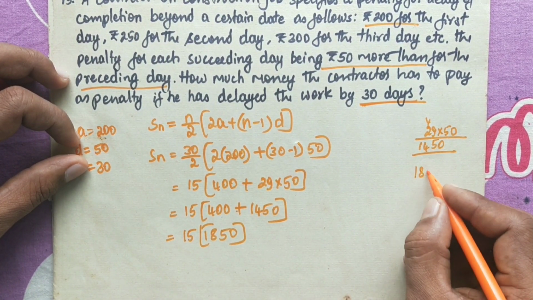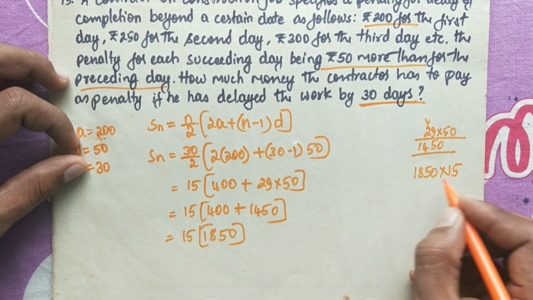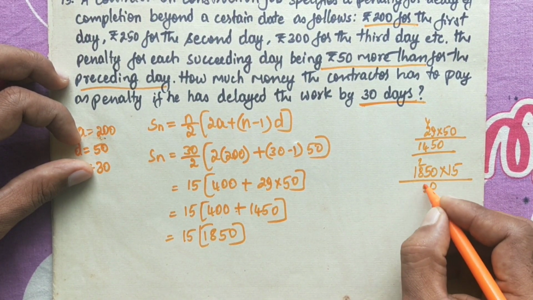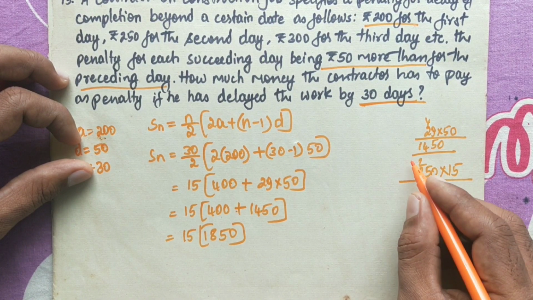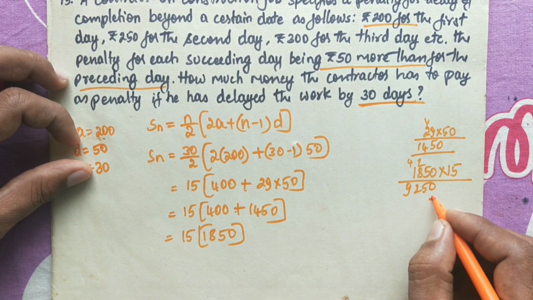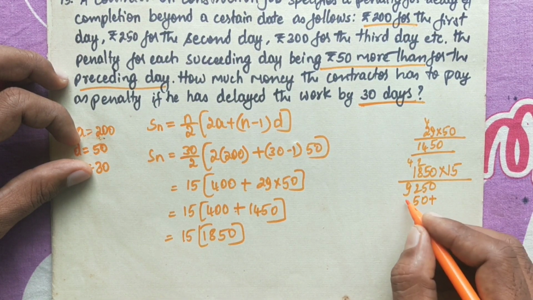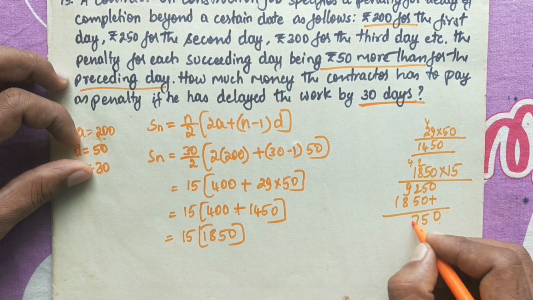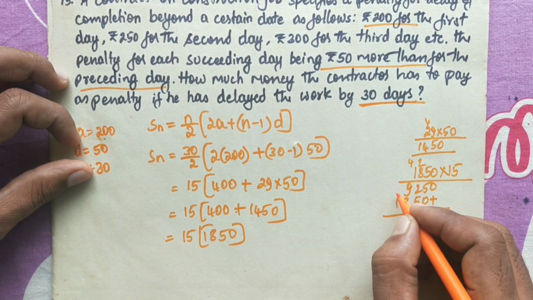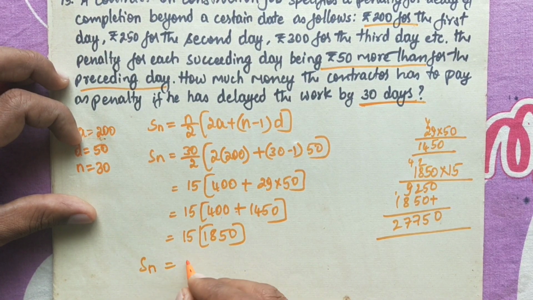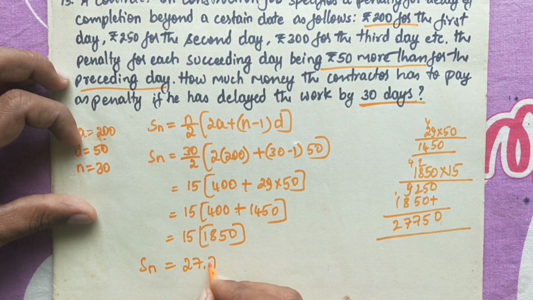Multiplying 1850 into 15 gives 27,750. So the penalty he has to pay is 27,750.